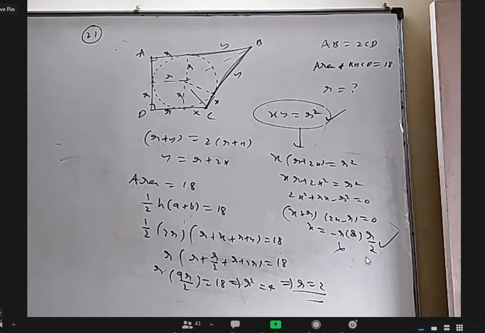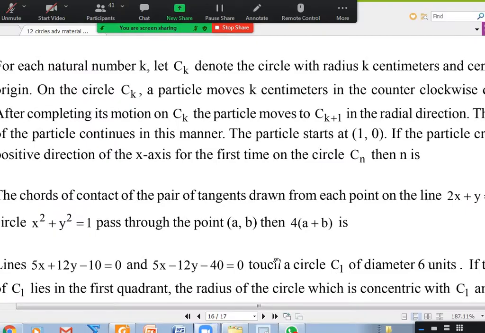Anybody wants more time to copy, or shall I erase this? Done, sir. Okay. While I erase this one, you read question 23 and try to understand.